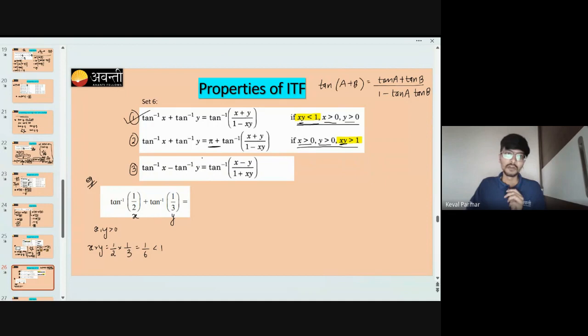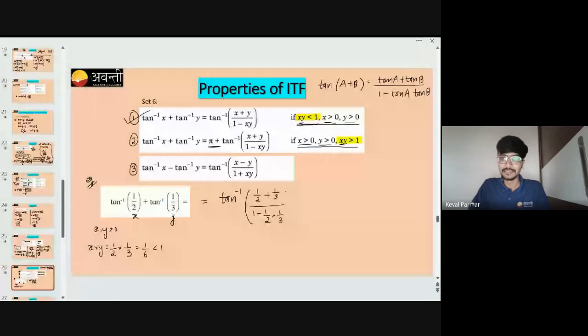So I can write this as tan inverse of (x plus y) upon (1 minus x into y).